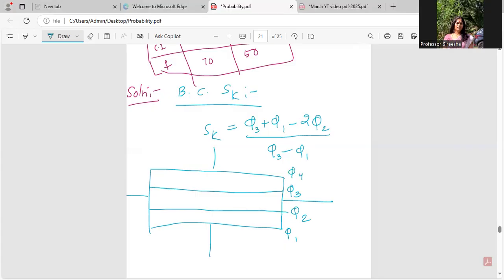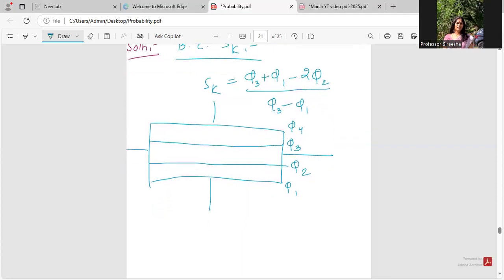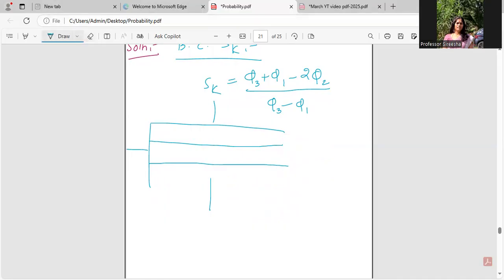These are called quartiles, and the center one would be nothing but the median. Yeah, this is Q1, this is Q2, this is Q3. So this middle one is Q2, because of which median and Q2 are one and the same.